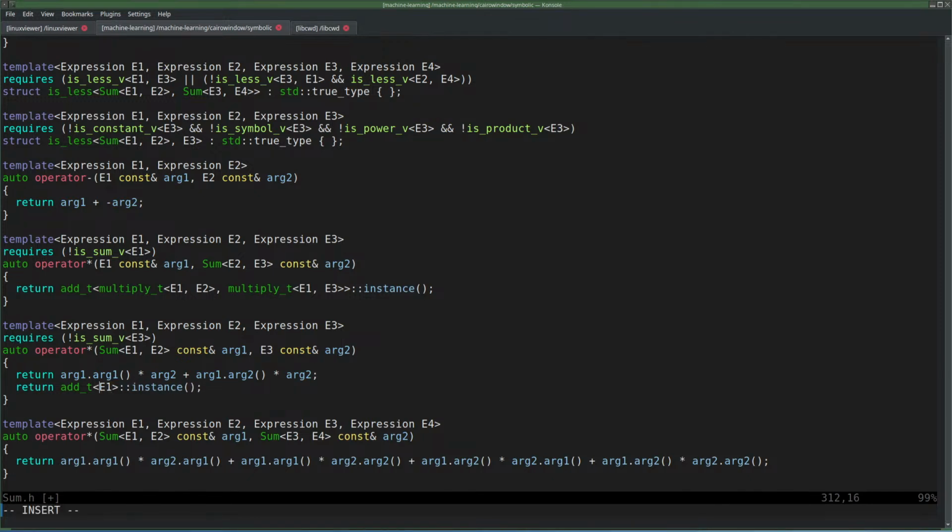This is a multiply with arg2, which is e3. And now we add another multiply between arg1, arg2, which is e2, and arg2, which is e3.